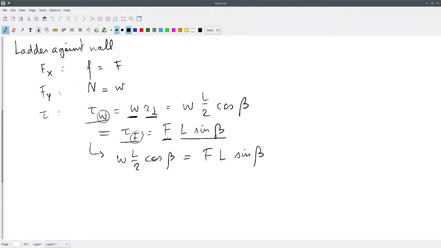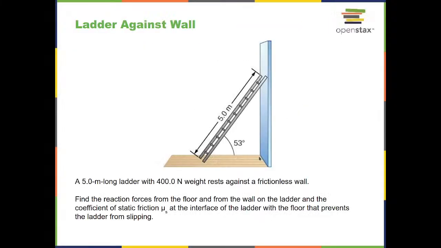Okay, so let's think about what we're trying to do here now. Let's go back to the problem. We're trying to determine the normal force that the wall exerts on the ladder, because that will give us then the friction force that we have here, right? Because those have to be equal and opposite.